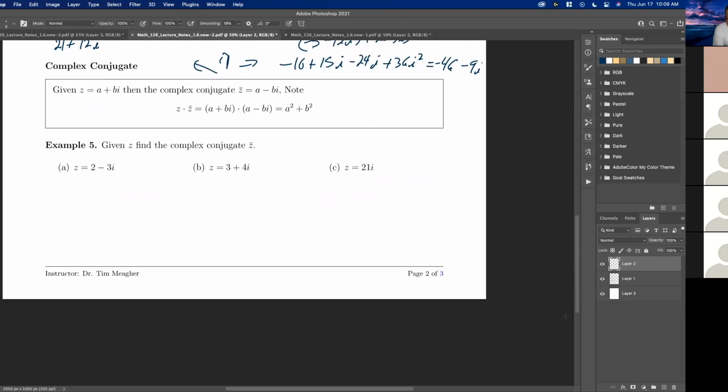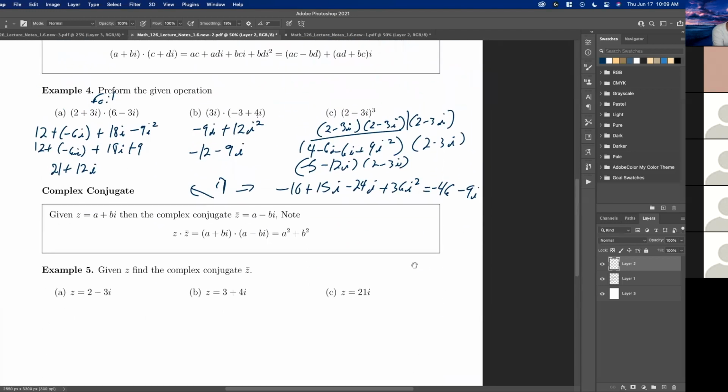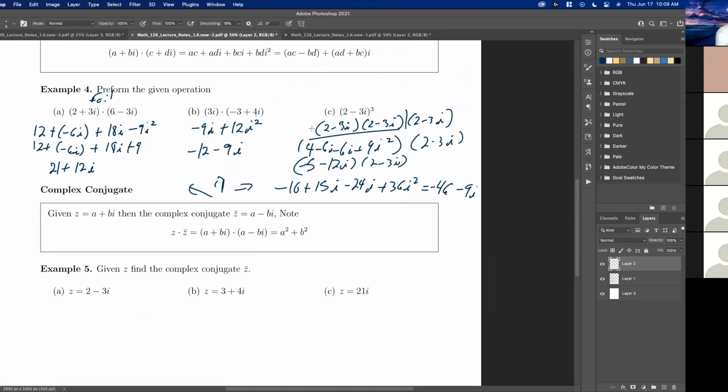All right, so let's talk about conjugates. Where did the 5 come from? Oh, this negative 5. Thank you. That's a good question. So here, I have a 4 here, and then this right here, 9i squared is equal to minus 9. And so the 4 plus the negative 9 should be minus 5. I assume this is the 5 you're talking about?